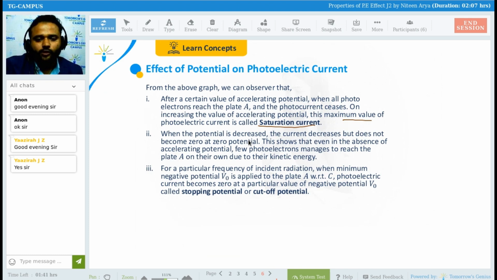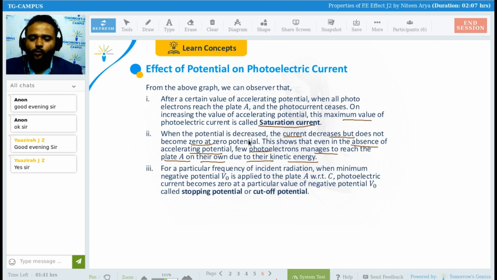The second point: when the potential decreases, the current decreases but does not become zero. Means when potential decreases, the current decreases but does not become zero at zero potential. This shows that even in the absence of accelerating potential, a few photoelectrons manage to reach the plate A on their own.